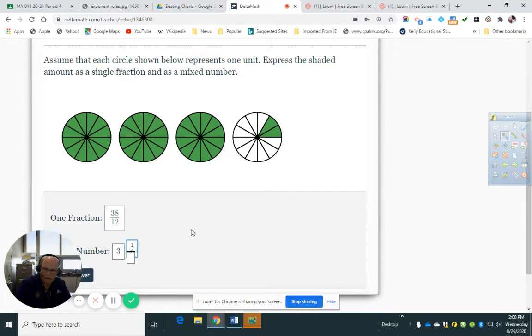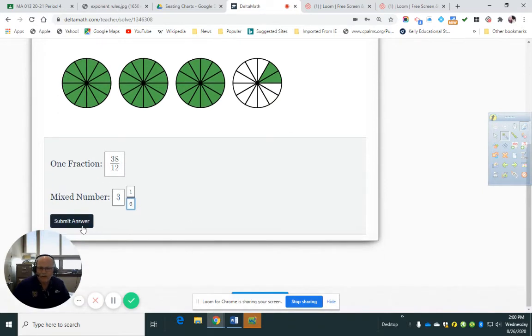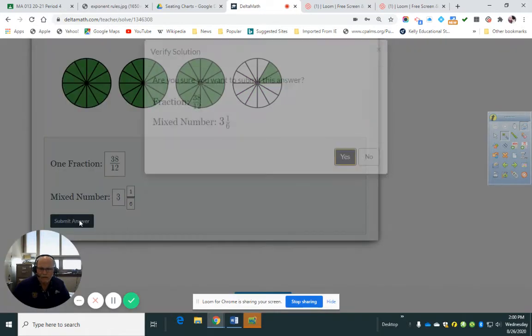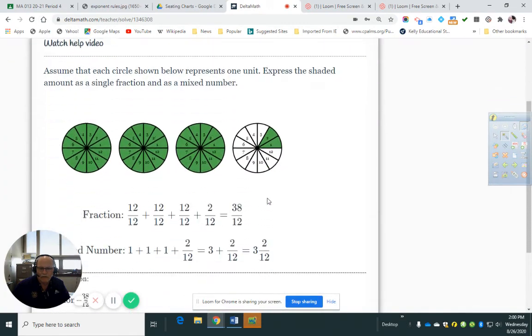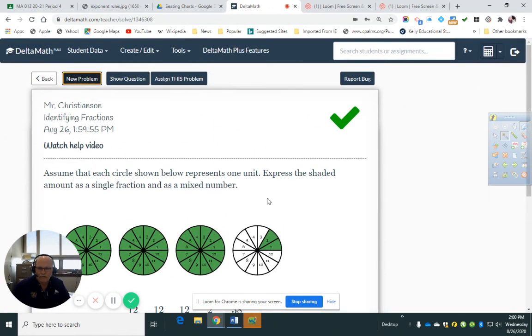And you would do that. You got to change that to 1/6. I don't think this would count it wrong, but it's good practice to make sure you are doing that. So anyway, that's that problem. If there's any questions about it, you can certainly take a look at these videos again.